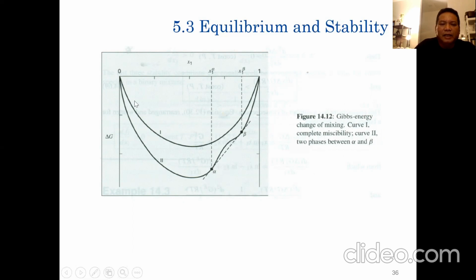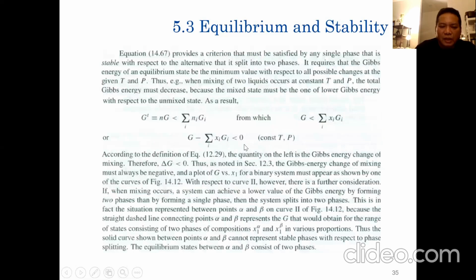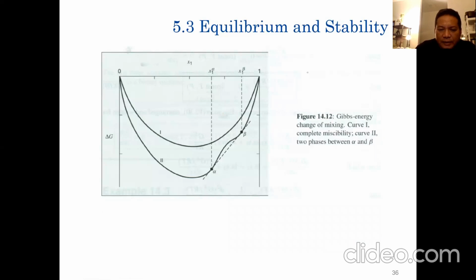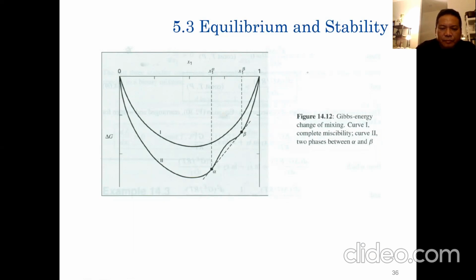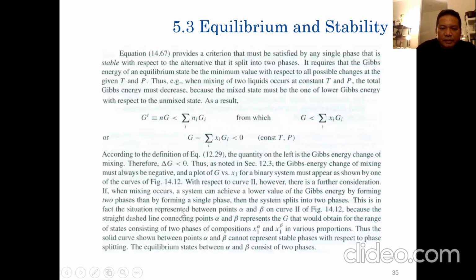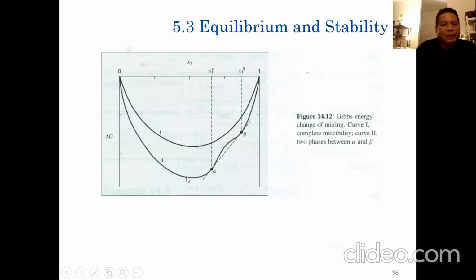And then we see that delta G here is always negative. The Gibbs energy change of mixing must always be negative, and a plot of delta G versus x1 for a binary system must appear as shown by one of the curves in Figure 14.12. So it will always be negative.